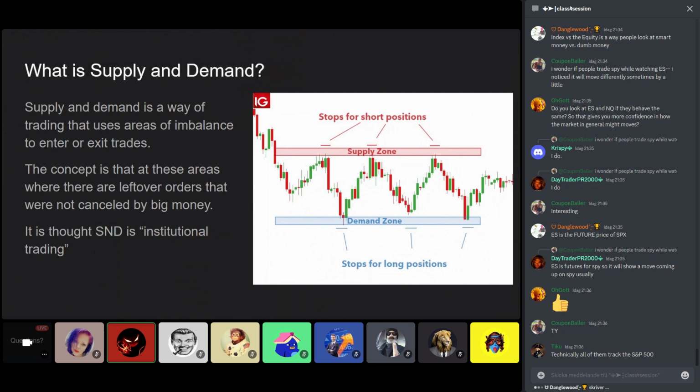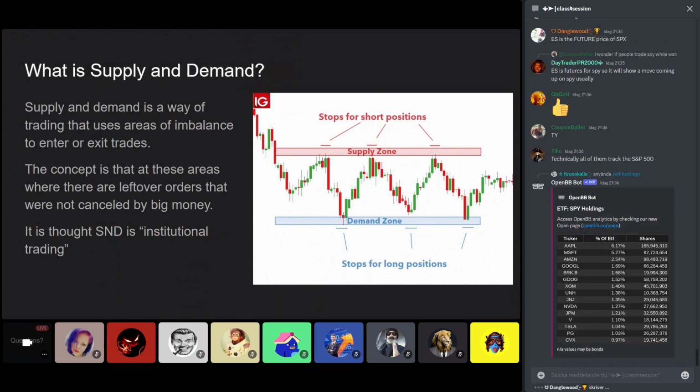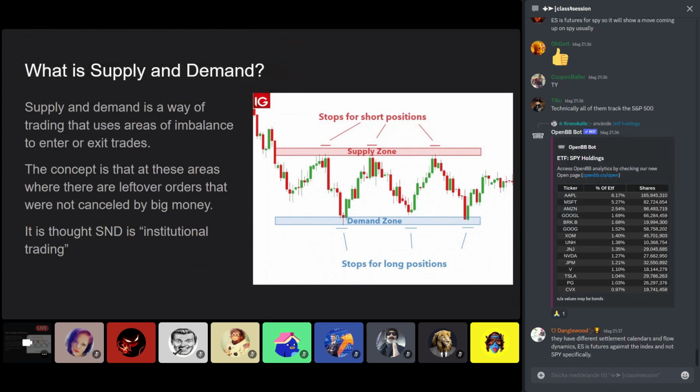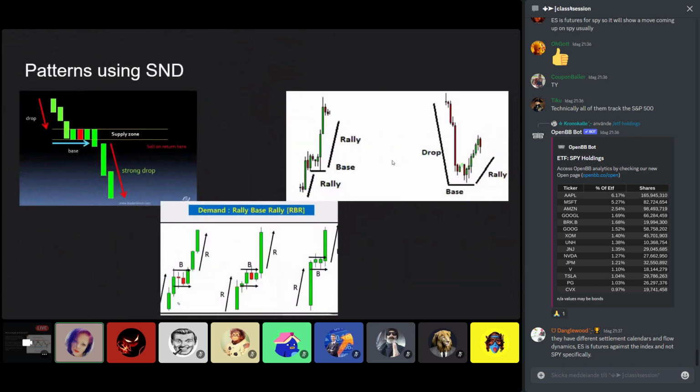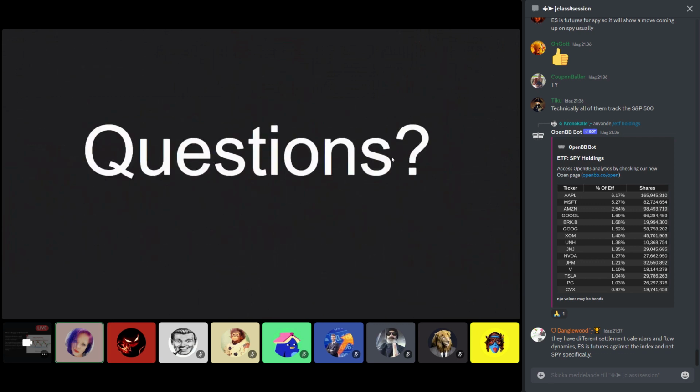Yes, technically all of them matter. But it's good to look at the ones with the biggest percentage, because if those are moving, they're going to cause a movement in ES. Yep, and I believe Apple holds the biggest percentage in SPX and SPY, like 6%, and then Amazon.